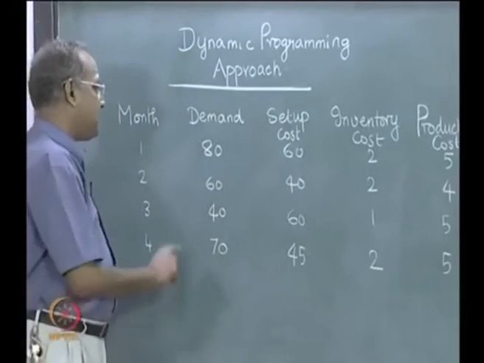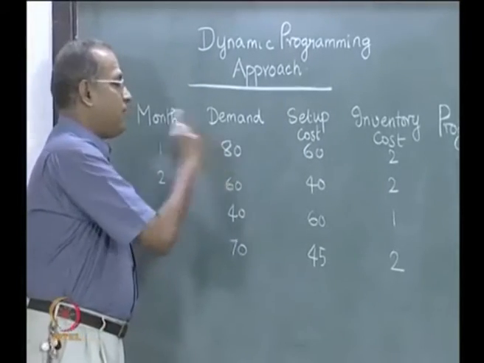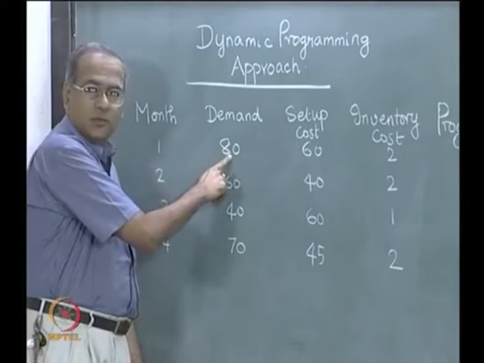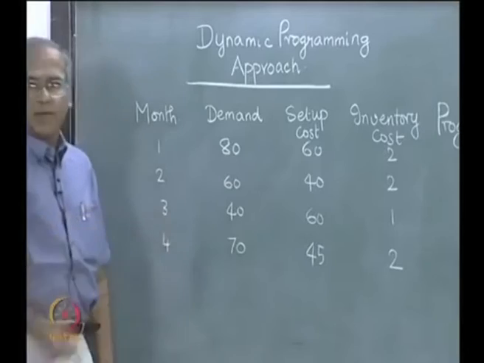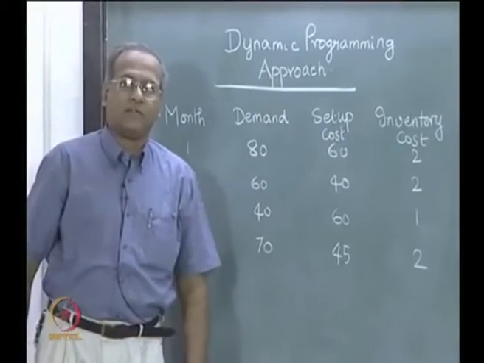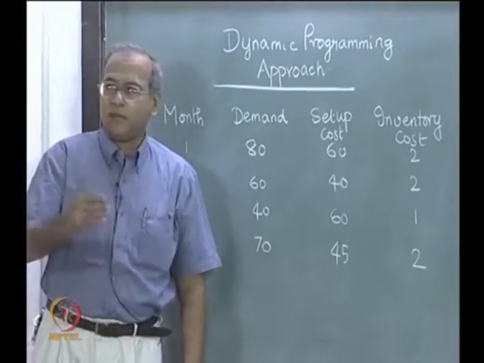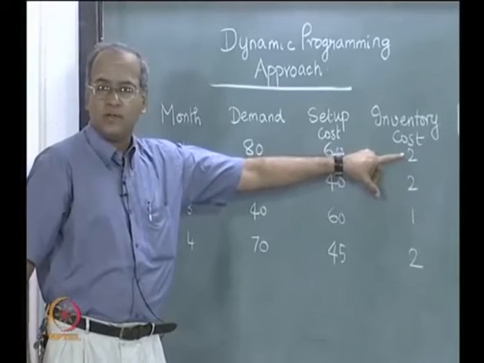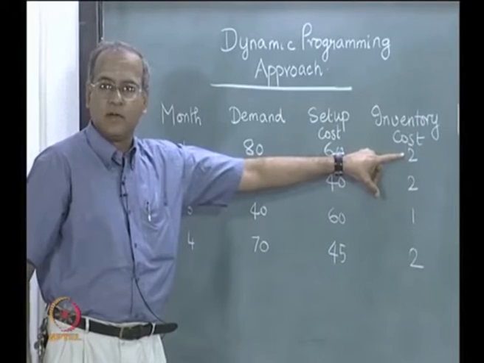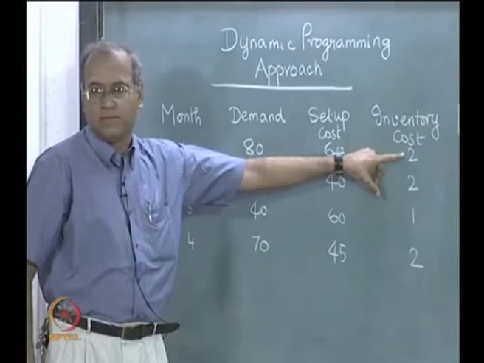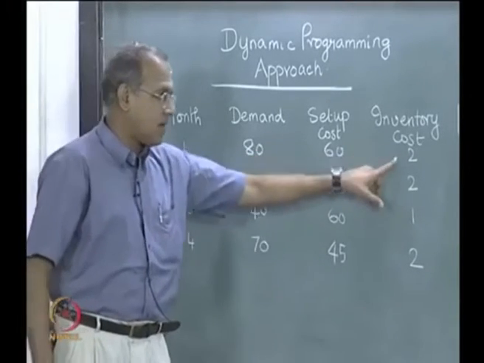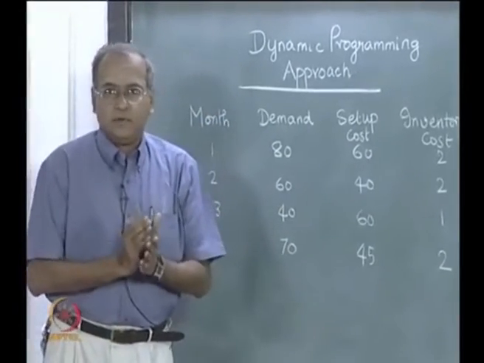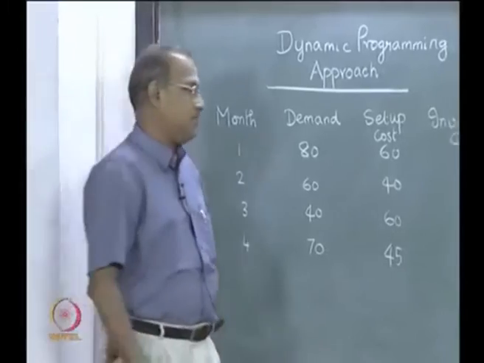For example, if we choose to produce 100 in the first month and consume 80, the remaining 20 is assumed to be carried from the first month to the second month, and it attracts an inventory cost of 2, which is the inventory carrying cost at the end of month 1. So, these costs represent the inventory carrying at the end of each month.